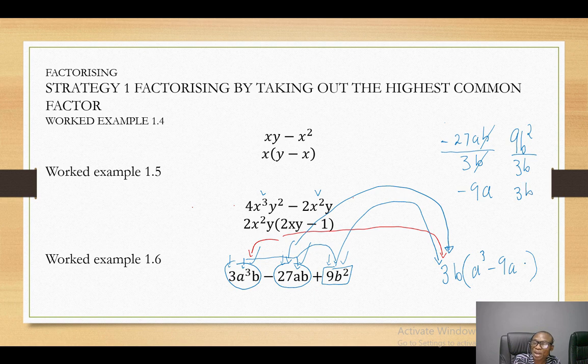So it's plus 3b. Then you have factorized. Let's see what I've written. Yes, 3b times a cubed minus 9a plus 3b. You factorized by taking out the common factor, which is important.